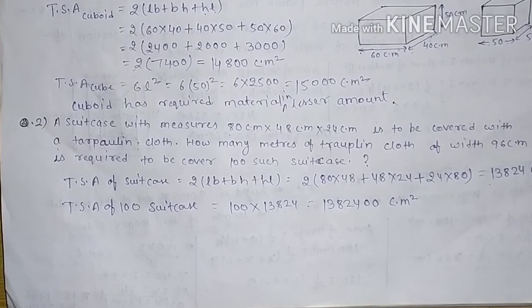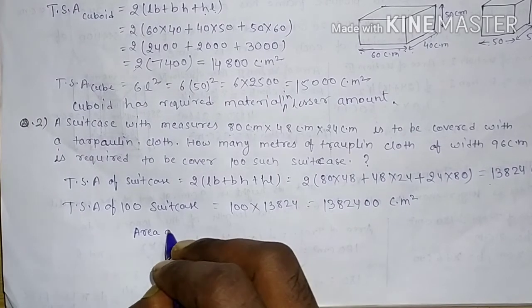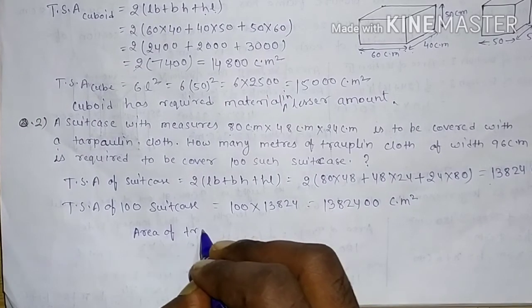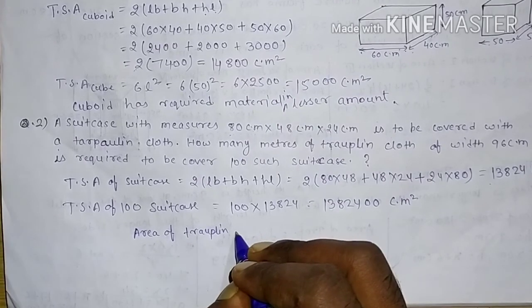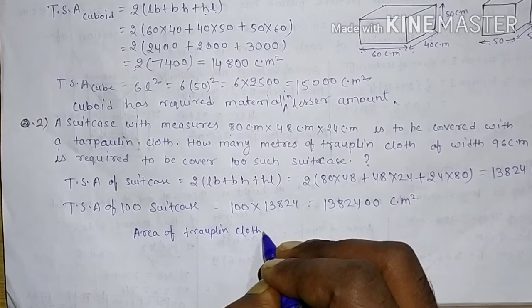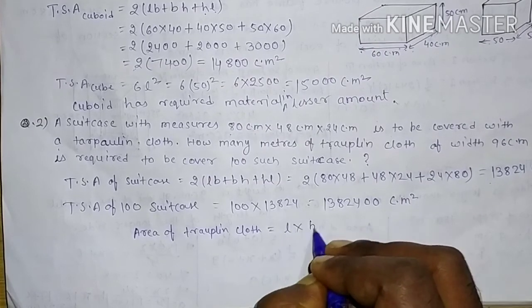Let's suppose the tarpaulin cloth having length L and breadth is B. So the area of tarpaulin cloth which is required to cover is equal to length into breadth.